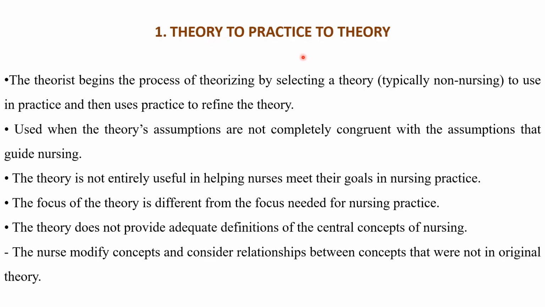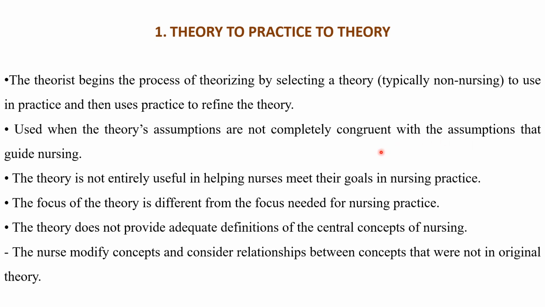Theory to practice to theory. The theorists begin the process of theorizing by first selecting a non-nursing theory. Then the theorist will use it in practice. And then during practice some refinement of the particular theory will happen. Then the theory is developed. It is used when the theory's assumptions are not completely congruent with the assumptions of nursing.